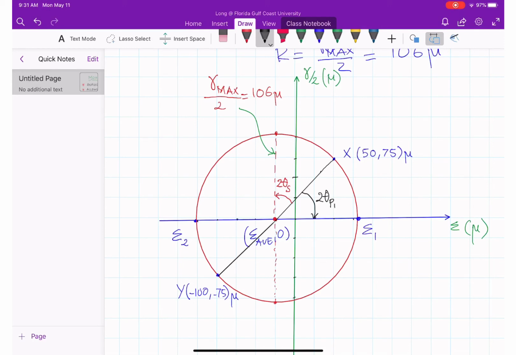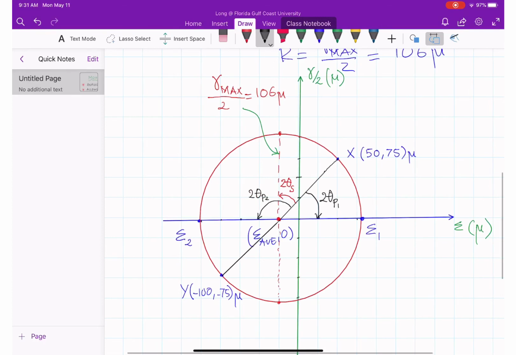And again, similarly, we have the angle from the x plane to epsilon 2, that is 2 theta p2. If we have the protractor that I showed you in worksheet 12E in the previous lesson, we can measure the angle directly.